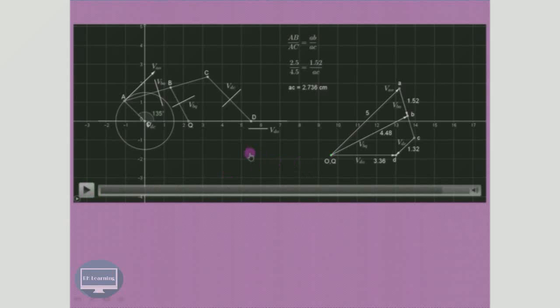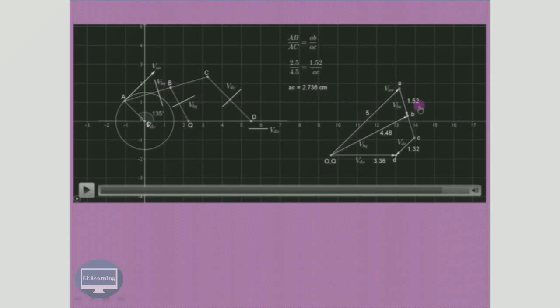So as you can see now, once again try to recall these things. Velocity of A with respect to O: we have first drawn these two points O and Q, which are the fixed points. From these fixed points O and Q, we have drawn a line parallel to this vector by 5 centimeter, because as per scale we are going to draw this vector by 5 centimeter.